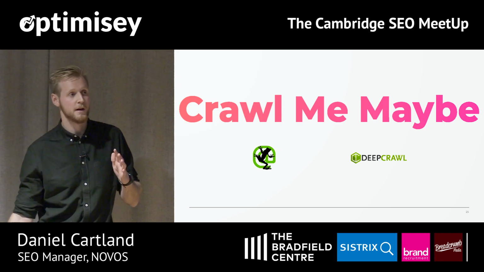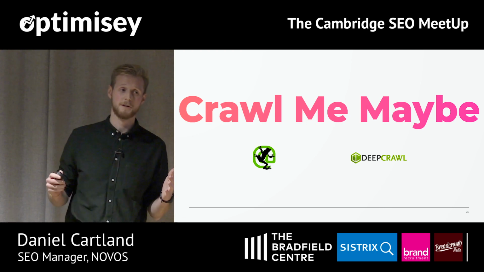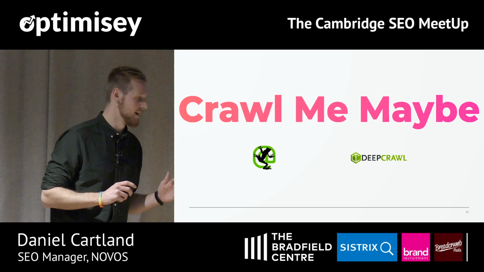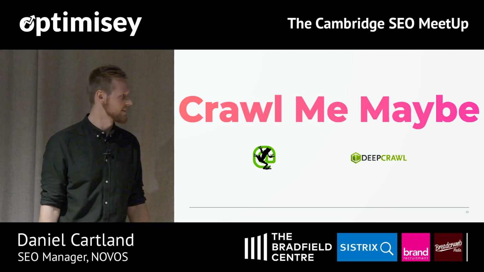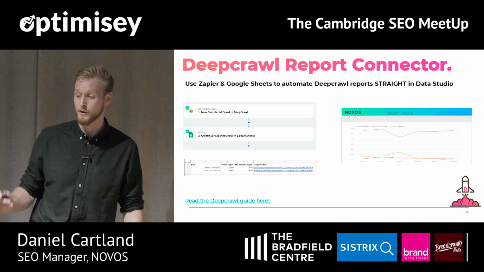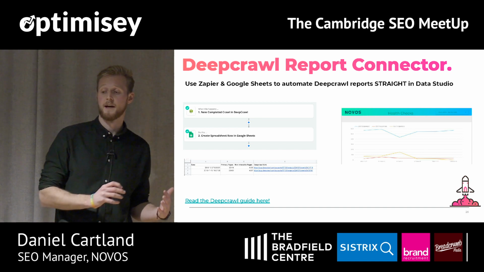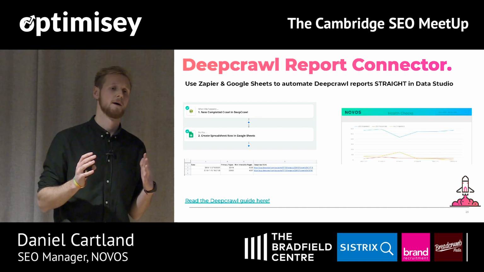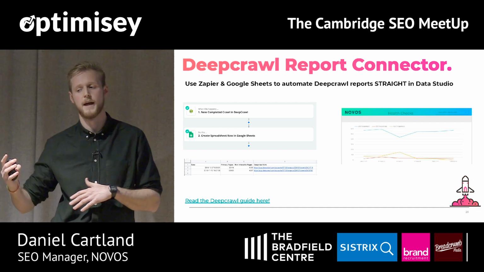So I started my career at ScreamingFrog, so I do have a bit of an affinity for web crawlers and the information they provide. So I've been trying to pull these through into Data Studio for quite a while, and I finally cracked it. It's actually not as hard as I thought it was. DeepCrawl have a really great guide on how to do it. And DeepCrawl in particular is very powerful because once it's set up, it's completely automated.